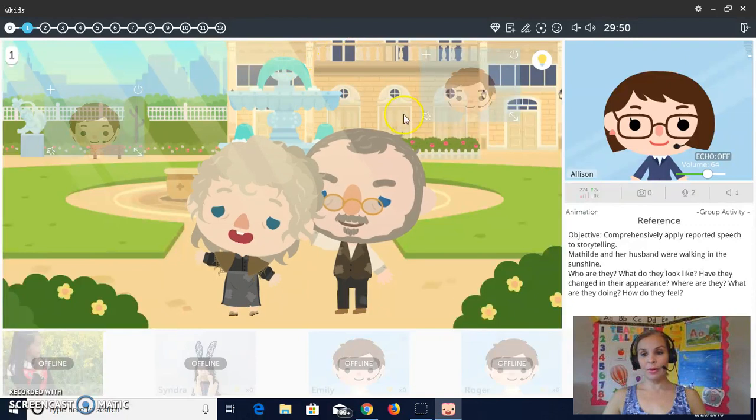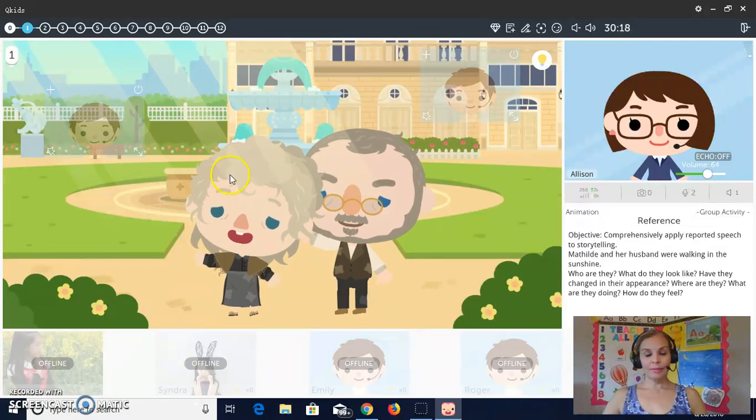It's a story about Matilda and her husband and how they were poor and she wanted a ball gown, so he used a lot of his savings to buy her a ball gown, and then she borrowed a very expensive necklace from her friend, and she ended up losing the necklace. And so this whole lesson talks about that and what happened when she lost the necklace.